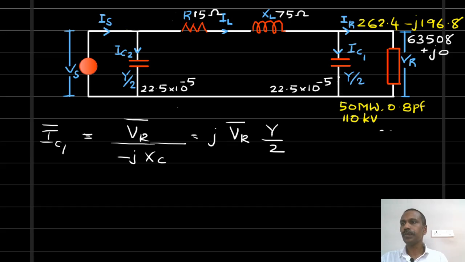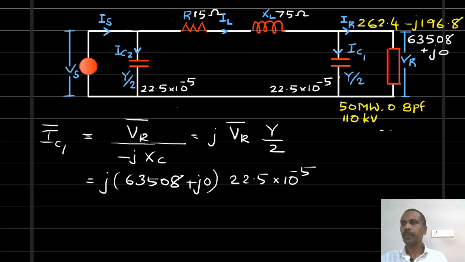Here it is y by 2. This is equal to j into the receiving end voltage, 63508 plus j0, into y by 2. Y by 2 equals 22.5 into 10 raised to minus 5. So this is equal to J 14.3 amperes.